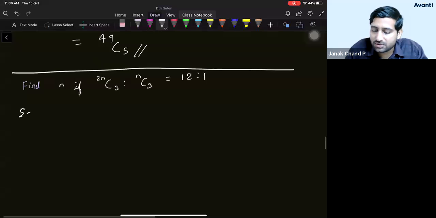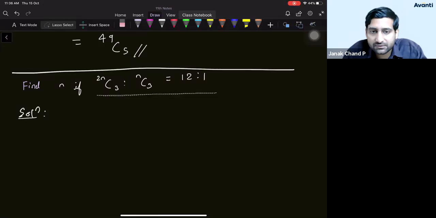There are two varieties of question you can expect. Either n will be unknown or r will be unknown. If r is not known, then you should use the second formula. If the value of r is known, you should use the first formula.